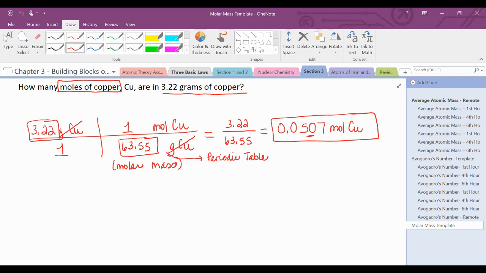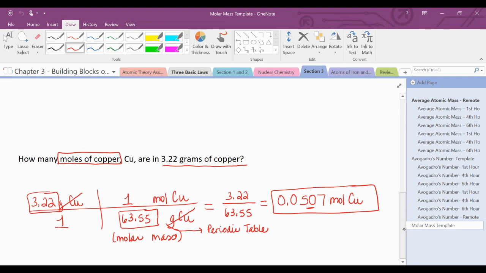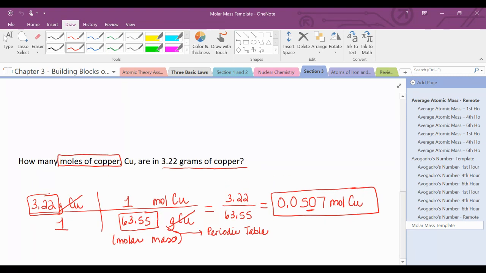It works the exact same way for elements. So I can have a mole of copper or I could have a mole of carbon, and I would have the same number of atoms. So that would be Avogadro's number. But the mass between those are not going to be the same. Carbon's mass for a mole is 12.01, and copper's mass for a mole is 63.55.